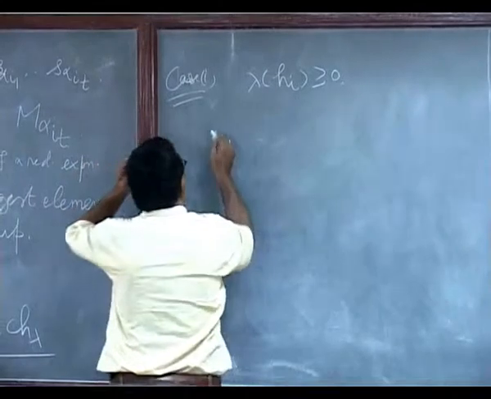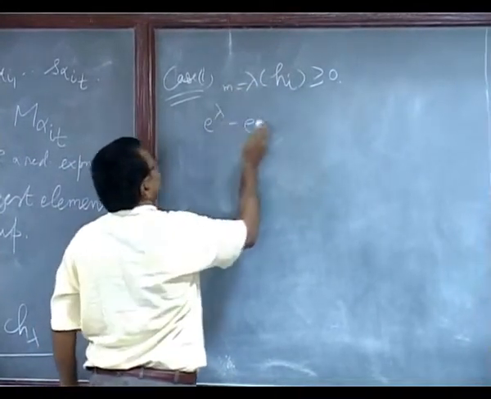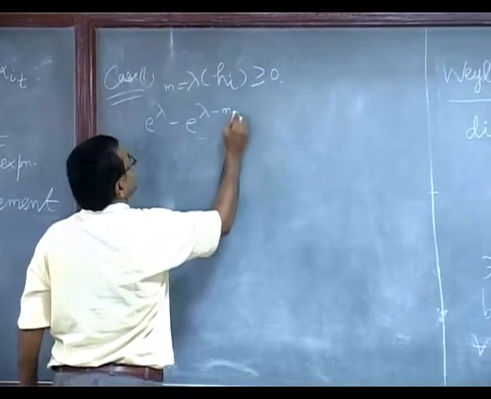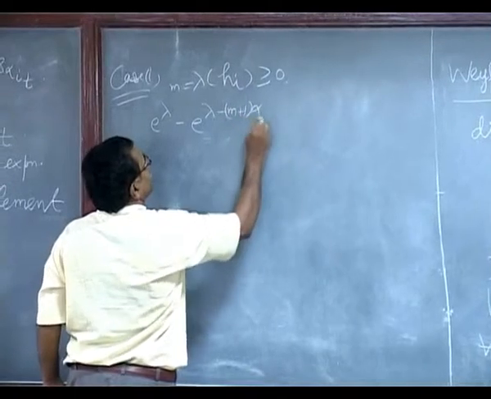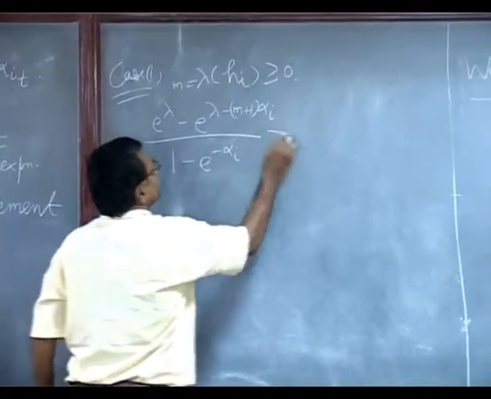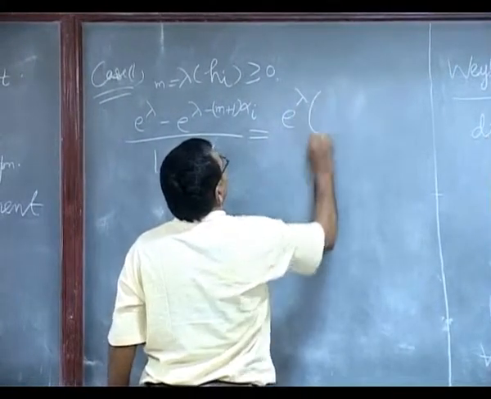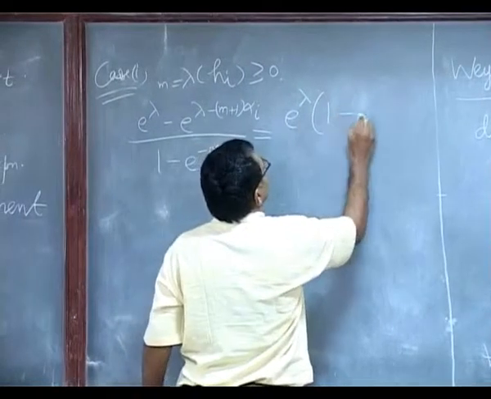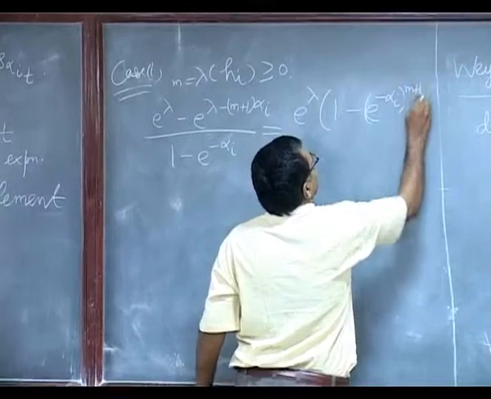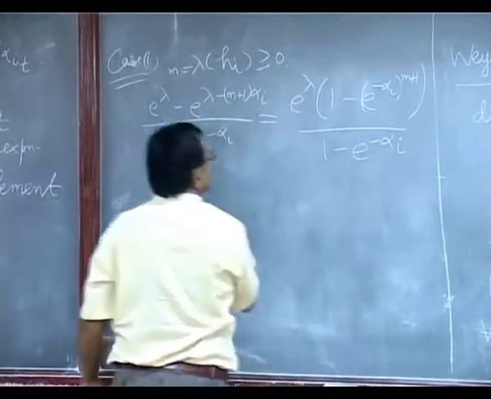Then what we get is e^lambda minus e^{lambda minus (m plus 1) alpha_i} divided by 1 minus e^{minus alpha_i}. So, this is same as take e^lambda outside: 1 minus e^{minus alpha_i} to the power m plus 1 by 1 minus e^{minus alpha_i}.